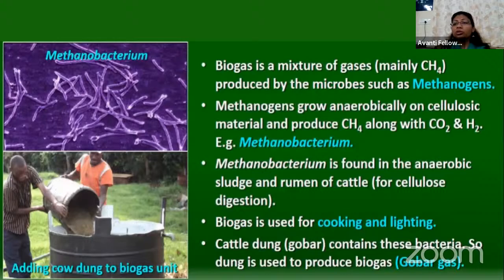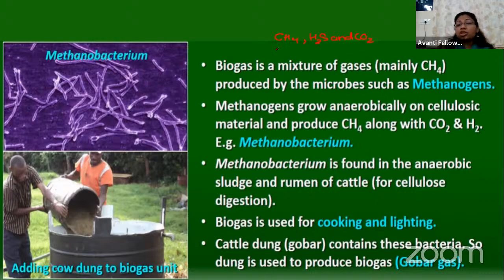So as you know, the biogas which we have discussed yesterday, biogas is a mixture of three different gases, that is CH4, that is methane, H2S, hydrogen sulfide, and CO2, right?